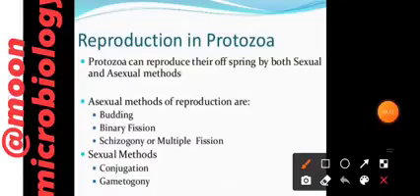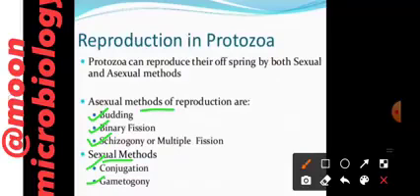If we talk about reproduction in protozoa, protozoa can reproduce their offspring by both sexual and asexual methods. Asexually, they go for budding, binary fission, or schizogony, which we can also call multiple fission; I will show the diagram of that. Sexually, they reproduce by conjugation and by gametogony.